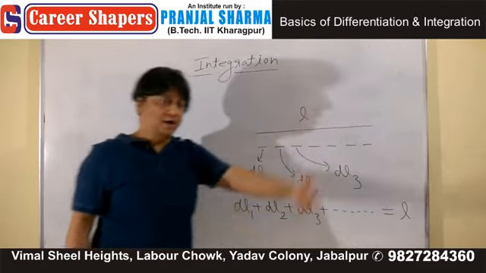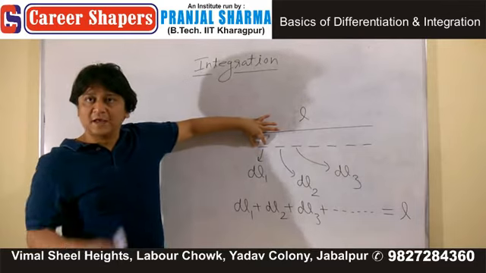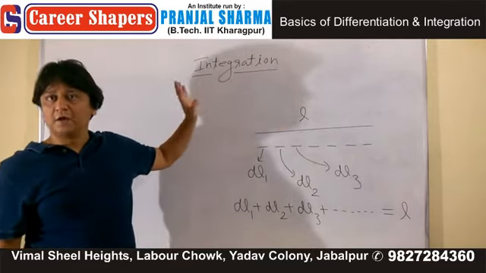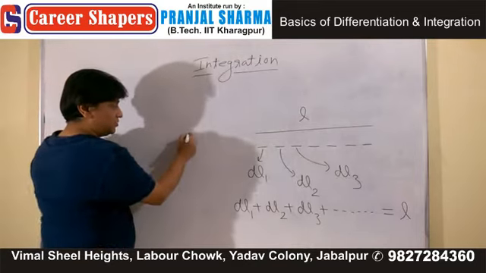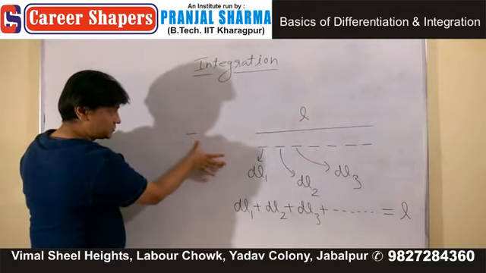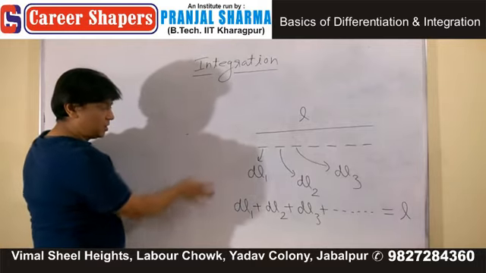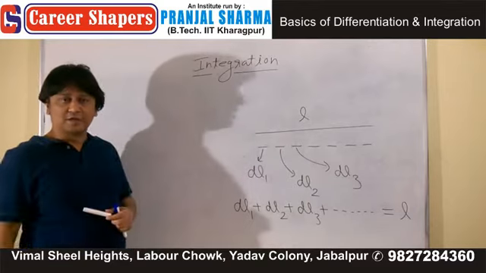Infinite. Why? Because dl, its length is very, very, very small. Make it small, smaller, smaller. Keep decreasing the length.